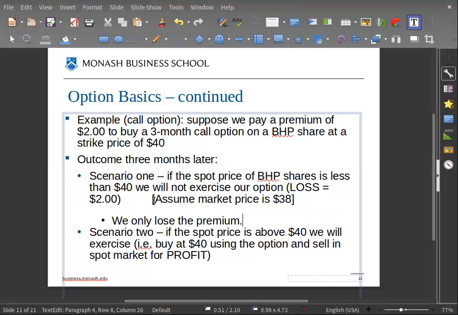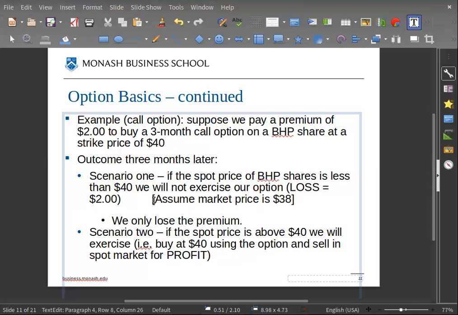We can tell our option seller that, please, as we agreed upon before, give me those shares for $40. This was our deal. So we buy those shares from them at $40 and then sell them at the general market or the stock exchange for the prevailing market price of, let's say, 41. So we gain $1 extra of profit because of our option.